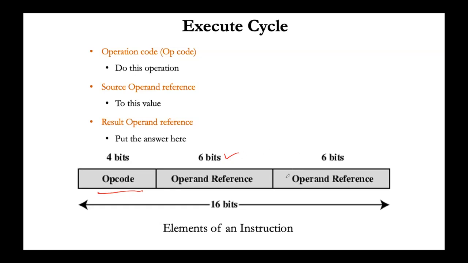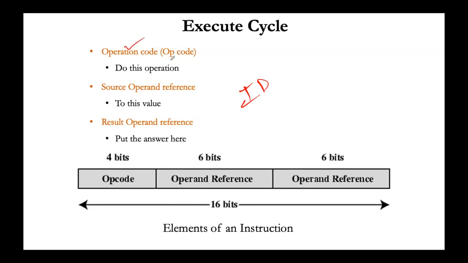Then the instruction is partitioned in this form: operation code, and the operands will be stored in a separate location. That happens in the first phase of our execution. We call it instruction decoding.